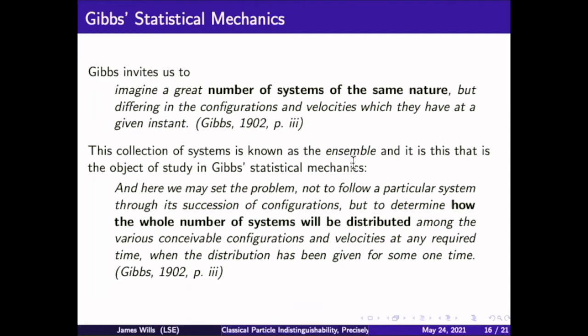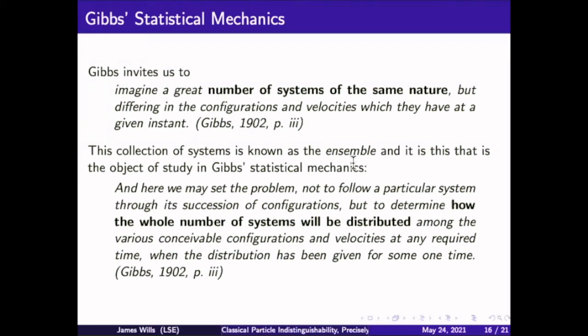And Gibbs goes on to say, here we may set the problem not to follow a particular system through its succession of configurations, but to determine how the whole number of systems will be distributed among the various conceivable configurations and velocities at any required time when the distribution has been given for some one time. Here, Gibbs is pointing out, we're not concerned with the particular dynamical evolution of a system as we are in classical mechanics.